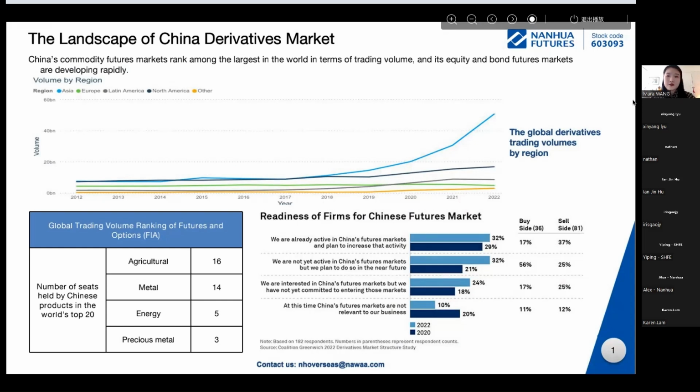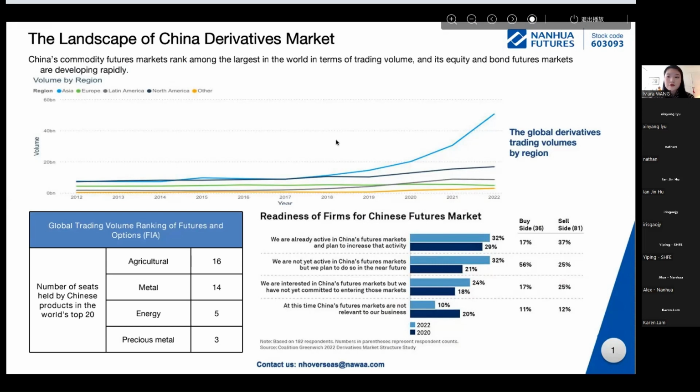derivatives market at first. Actually, China commodities futures already rank the largest in the world in terms of trading volumes, and our financial futures are also developing very fast. From the first chart, we can see the global derivatives trading volumes by region.